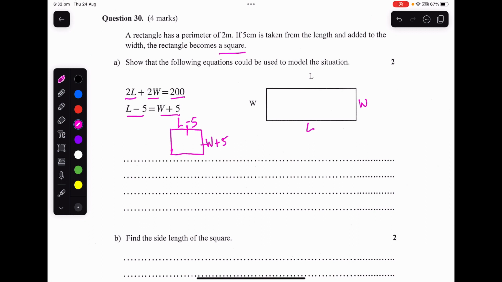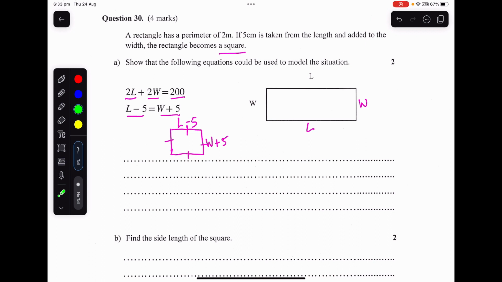If these are equal, then it means it becomes a square, because if the width and the length are equal, then that means we have a square. Now, it's asking you, show that the following equations could be used to model the situation. Well, we've done that. So we've shown that 2 lengths plus 2 W's can equal 200. And we've shown that L minus 5 and W plus 5 are equal, which makes a square.